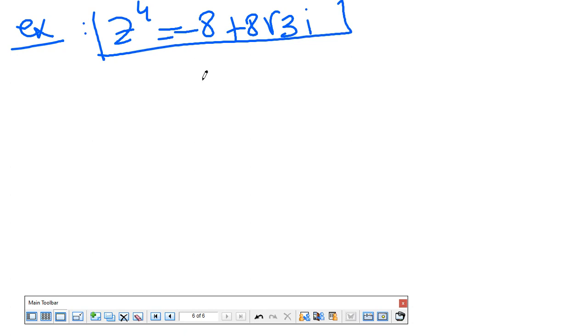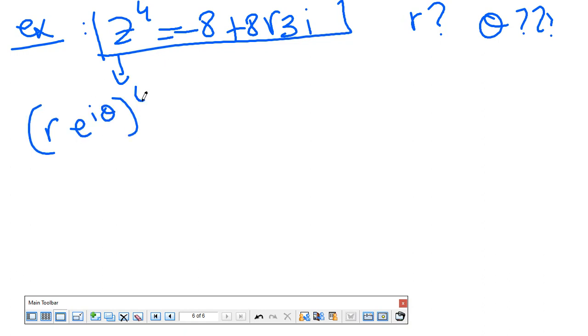To be able to do that, I need to find r and all the thetas. The best way is to replace z by r e^(iθ). So (r e^(iθ))^4 is equal to this number, which I need to write in polar form.